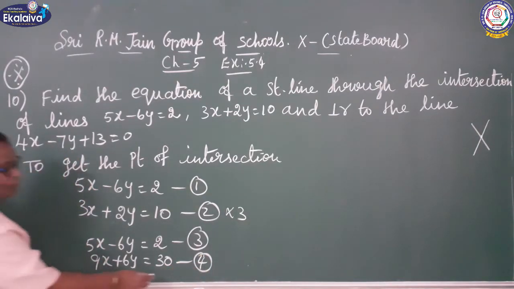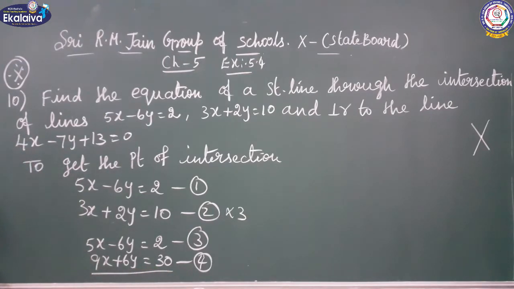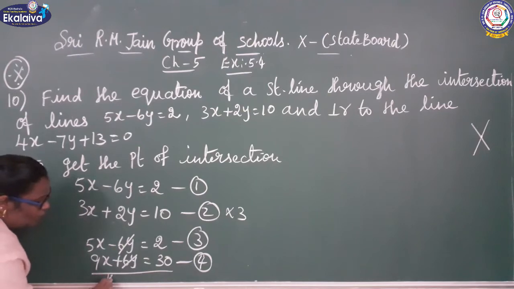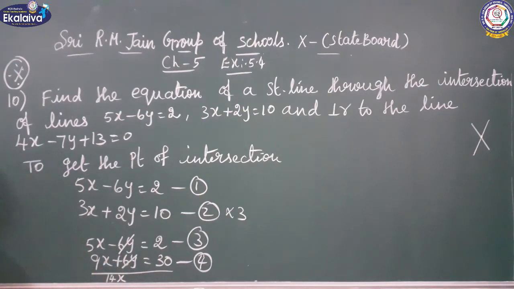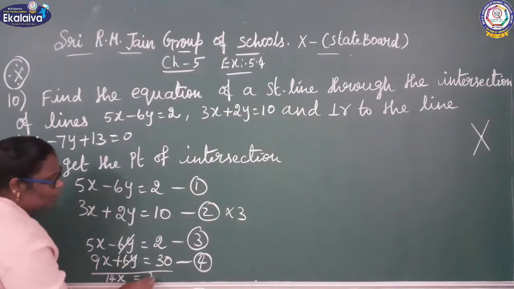Solve 3 and 4. Minus 6y plus 6y get cancelled. So 9 plus 5 is 14x equal to 32.